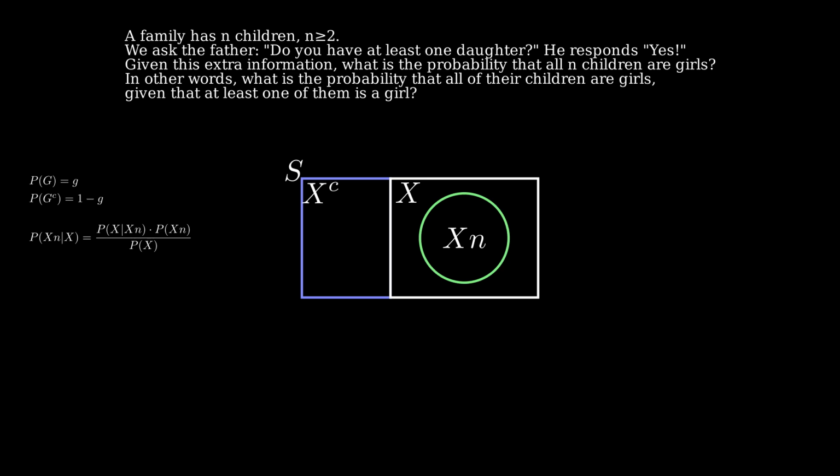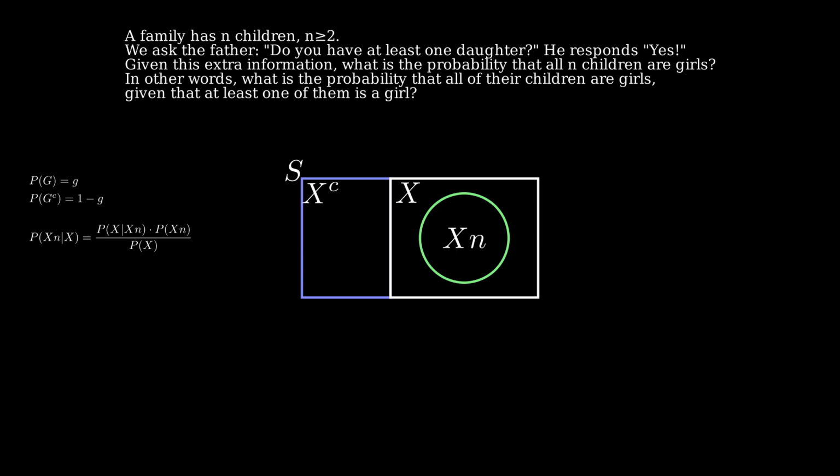The set X represents the set of all possible outcomes where at least one of the n children is a girl. The set Xc represents the set of all possible outcomes where n children are not girls. And the set Xn represents the set of all possible outcomes where all n children are girls.